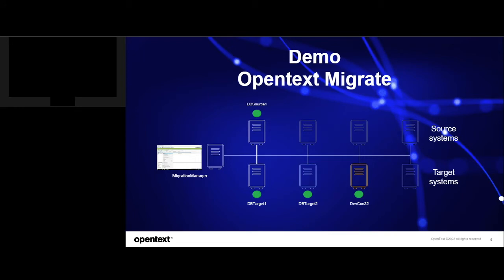In my case, it's a server, but it can also be a normal computer, like a computer from the administrator. This computer needs only access to all the servers inside my network. I have a DB-Source1 server, and I want to migrate this DB1 server to the different DB targets. Well, not only one. At least I want to show you the DEFCON 22 migration to this server, but maybe I want to check different settings.